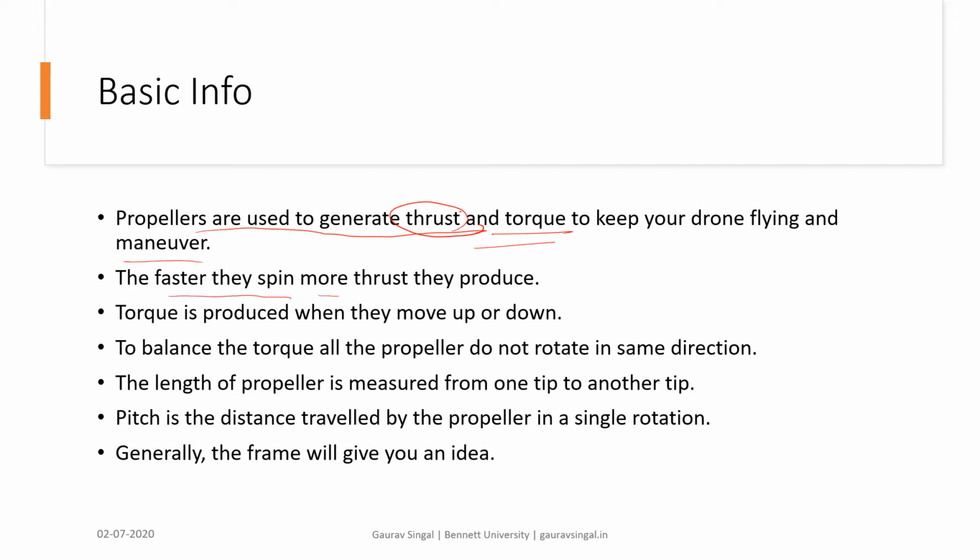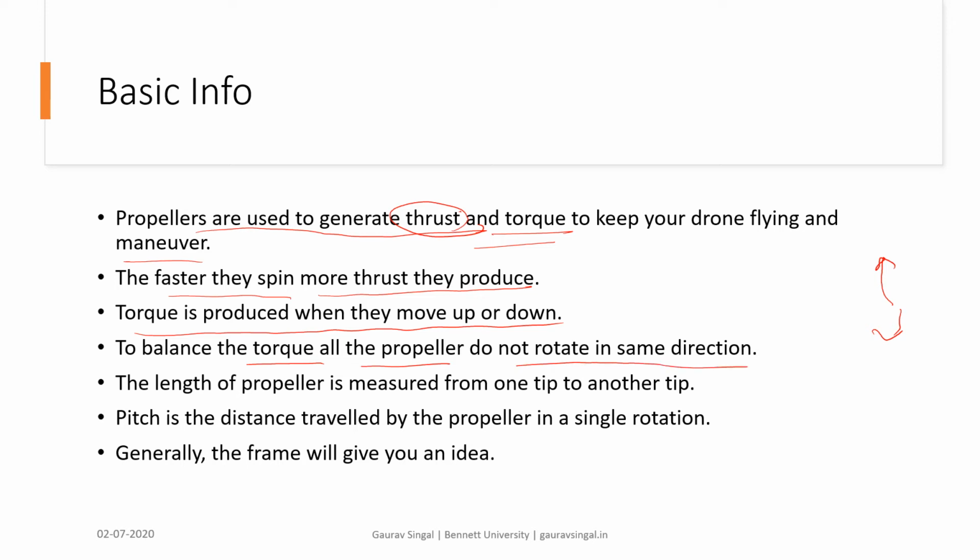The faster they spin, the more thrust they produce. And torque is produced when they move up and down. When they go up and go down, they generate torque.